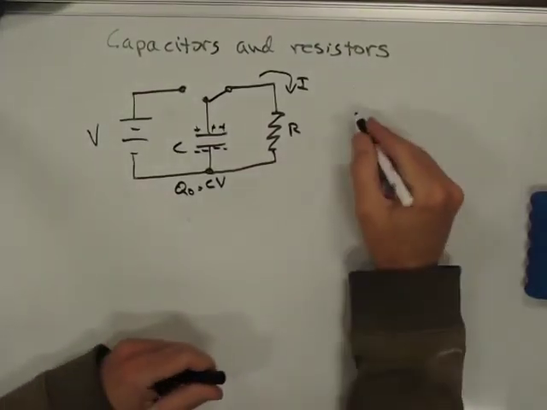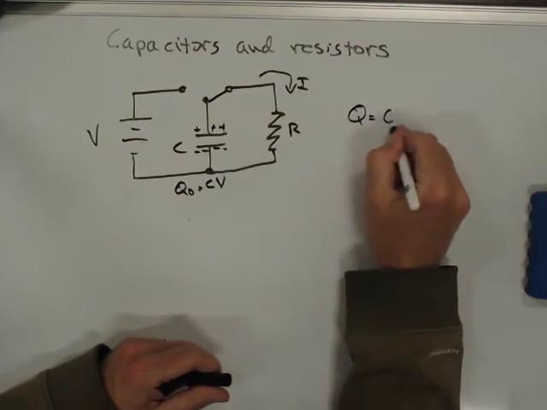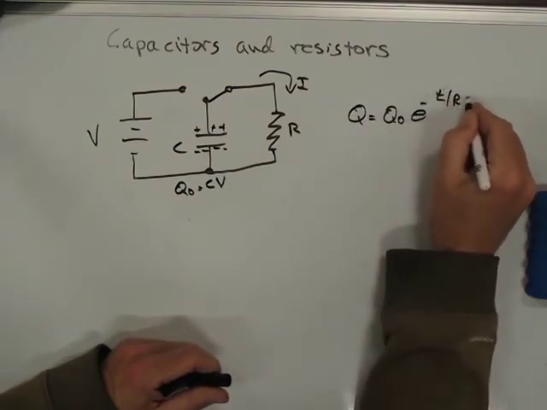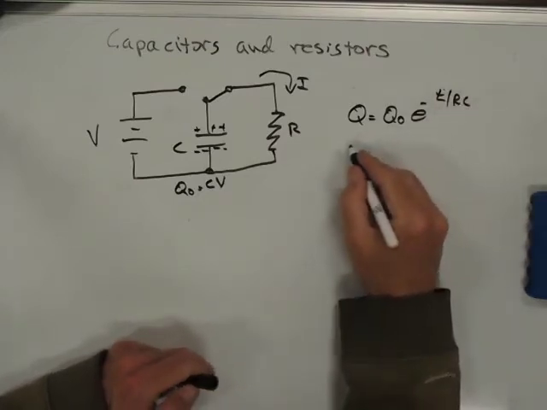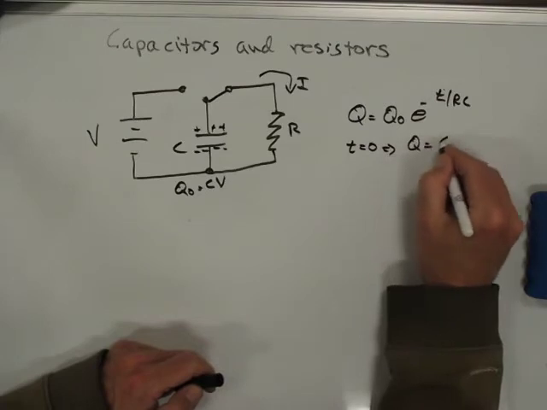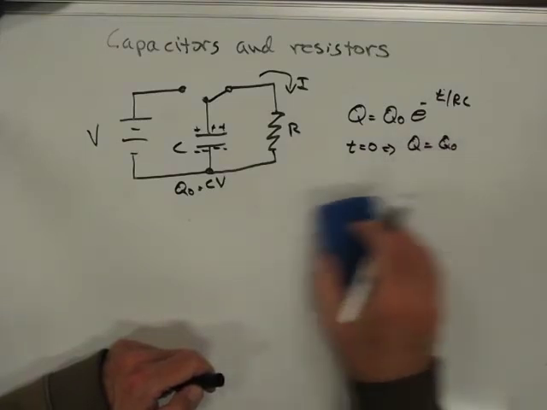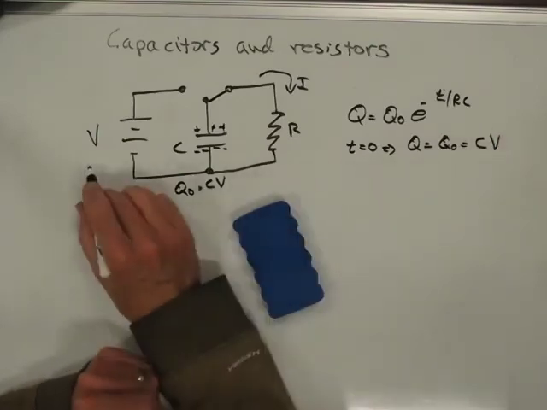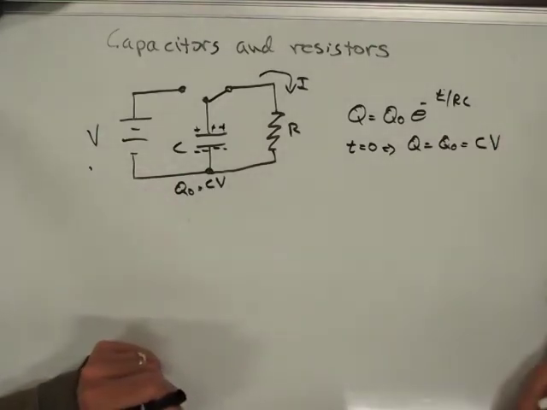So the charge on the capacitor is Q equal to Q naught e to the minus t over RC. And so at t equals 0, this is Q equals Q naught, or CV, where V is the voltage on the capacitor, right?